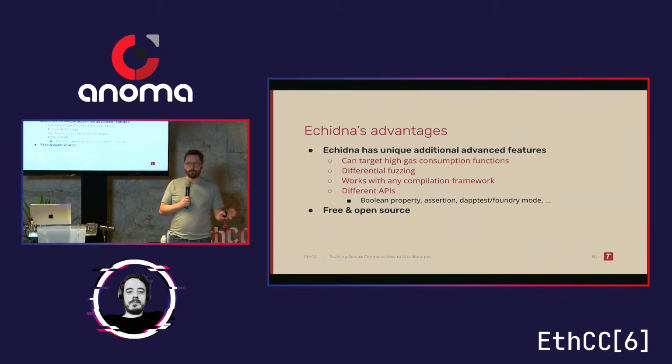We have differential fuzzing, where you have 2 implementations and you try to see if there is a divergence between both. And yeah, we have a lot of additional things. For example, we have this optimization mode where, say you found a rounding issue and you want to know how far the rounding can go. You can ask Echidna to try to maximize the amount of precision loss for the rounding. So these types of things are only available in Echidna as far as we know.